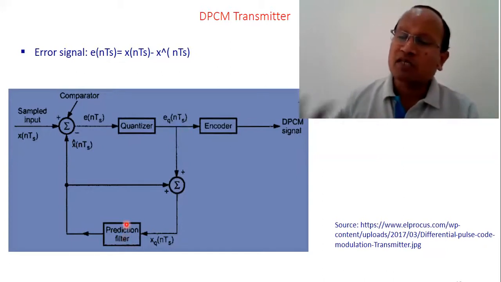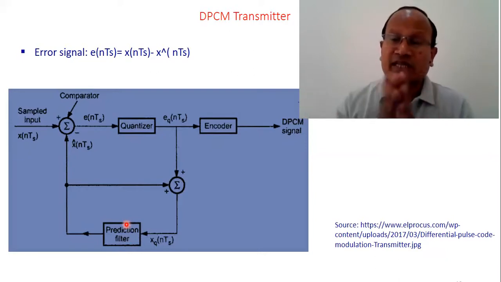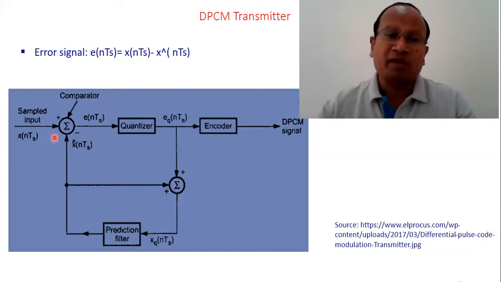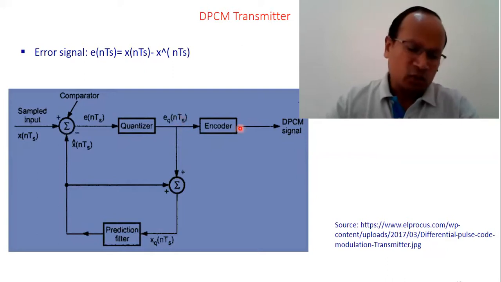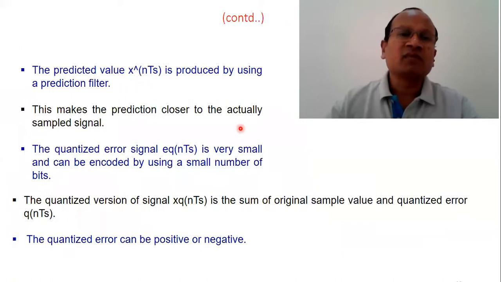So it predicts the approximated signal which has already been transmitted, and this signal is compared with the previous sample, and whatever is the difference is quantized, and the quantized difference signal is encoded. So this is how a lesser number of bits is required.